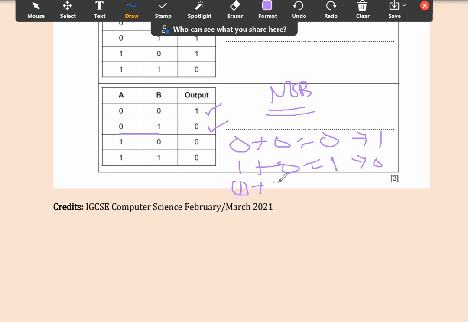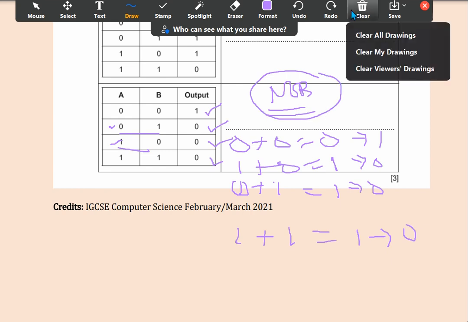Again, also here 0 plus 1, it must have 0. And lastly, we have 1 plus 1. That's 1. It must have an output of 0. That's also correct. So therefore, clearly, this is a NOR gate.